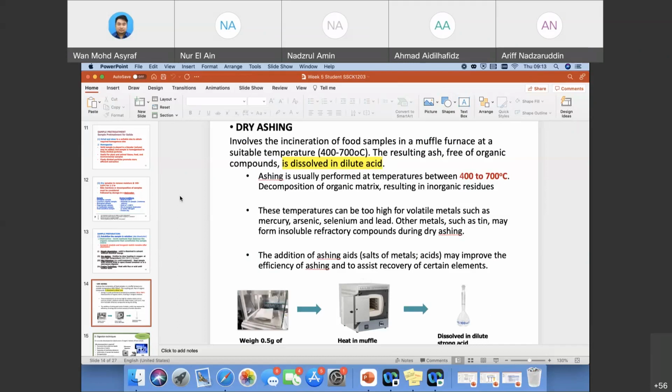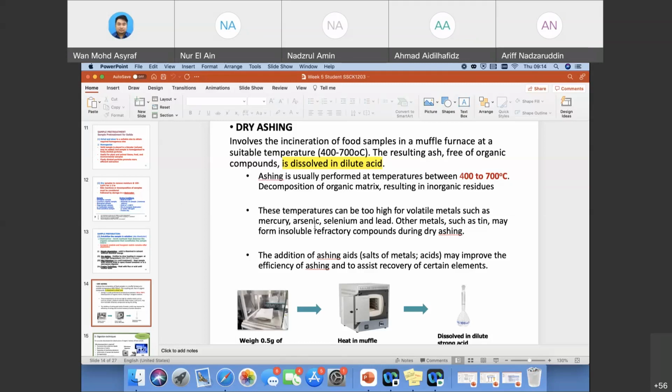So it leads to the decomposition of the organic matrix, resulting in the inorganic residue, which is what you want. You want the inorganic analytes in your sample, not the organic material. Organic material you are going to learn during the second part of the semester.